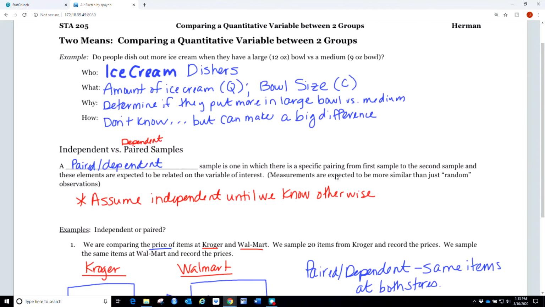However, if I sampled this husband's wife, and he told me a 7, I'm going to hopefully expect that her value is probably going to be somewhat similar to that because they're in the same marriage. And so when I have this additional expectation of knowing that these values should be somewhat related, I want to use that to help me in my analysis as well. So you will see some differences going on as we start doing hypothesis tests and confidence intervals. We will actually start by looking at paired confidence intervals in the next video.